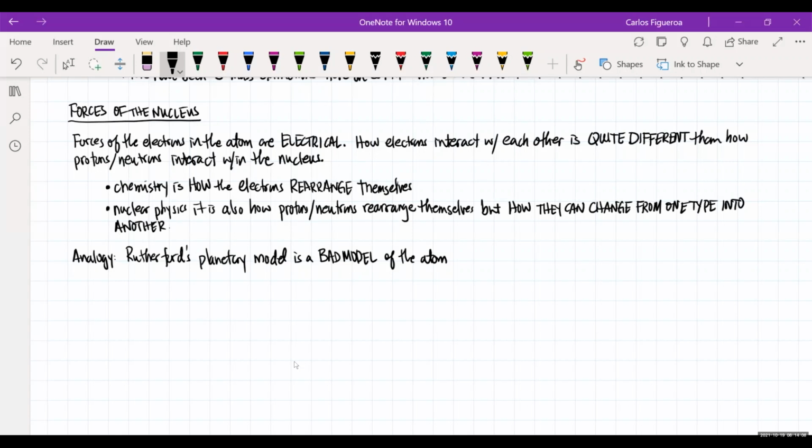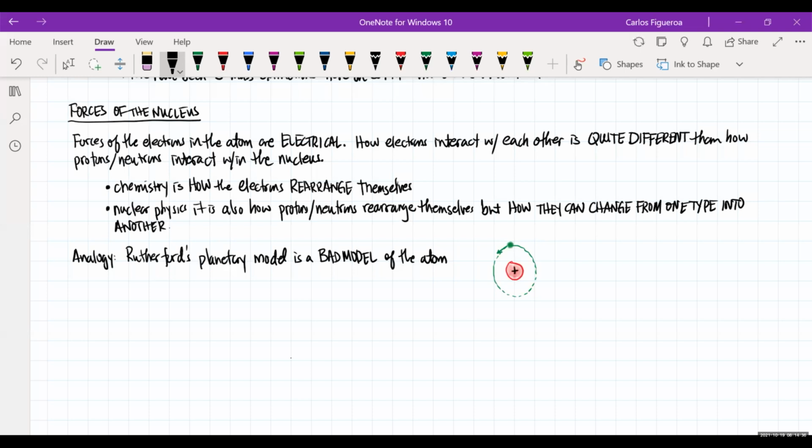So when I think about this, I have some nuclei. And we know that the nucleus is positive. And in this model, we know that we have an electron, and this electron is whizzing around in a planetary orbit. We know that this is a bad model.